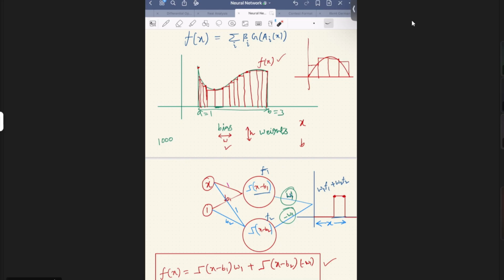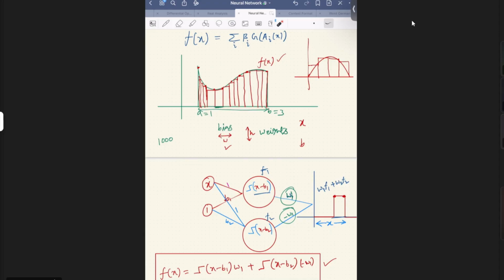You take some samples between a and b, let's say 1000 points.